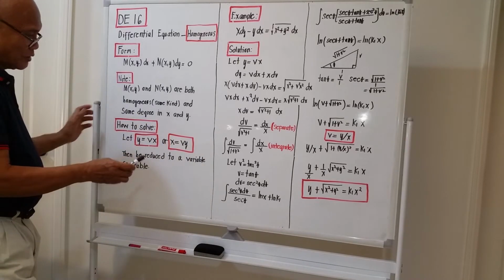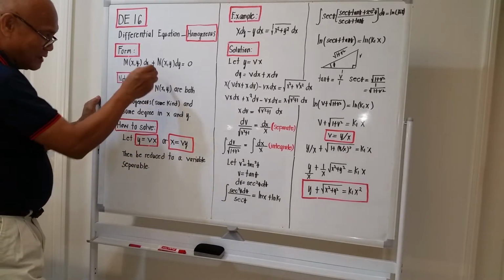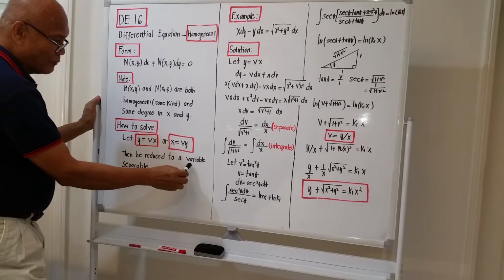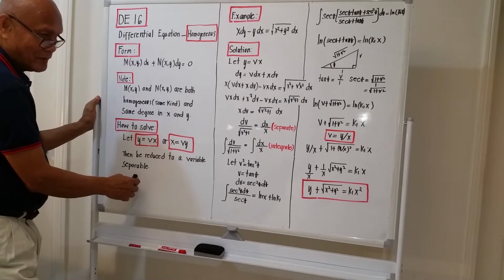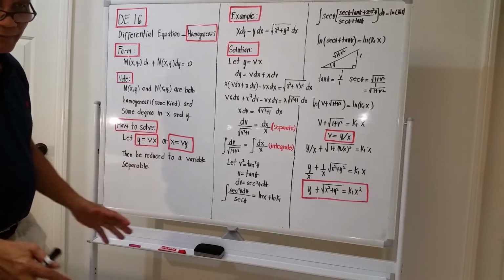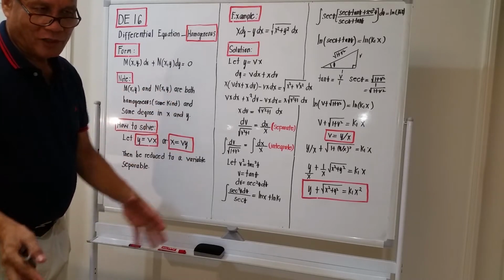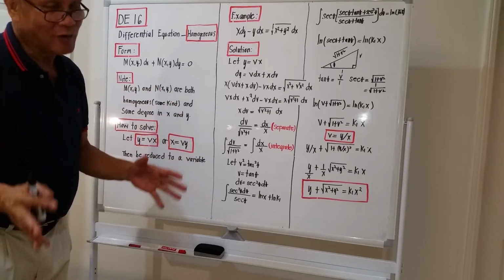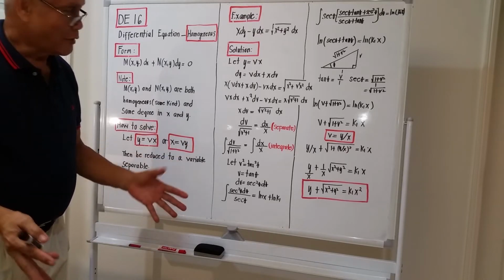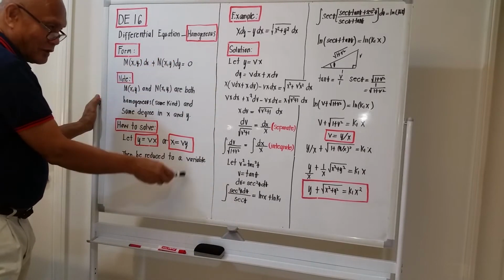Then after the substitution of y equal to vx or x equal to vy back to the given equation, it will be reduced to a variable separable. So after the substitution, what will come out will now be a variable separable differential equation. And if it is a variable separable differential equation, we now know how to solve it. Okay, that's the concept or summary of a homogeneous differential equation.